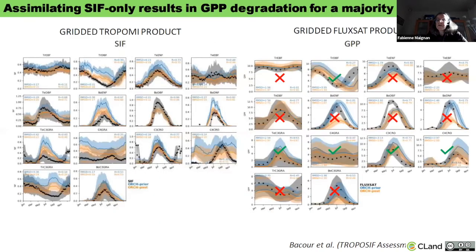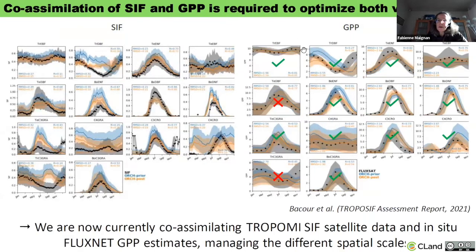But now when we look at our reference product, which is FluxSat, also extrapolated from FluxNet measurements, we see in fact a degradation of the GPP signal for 9 out of the 14 plant functional types. So what we do now is we co-assimilate SIF and GPP.